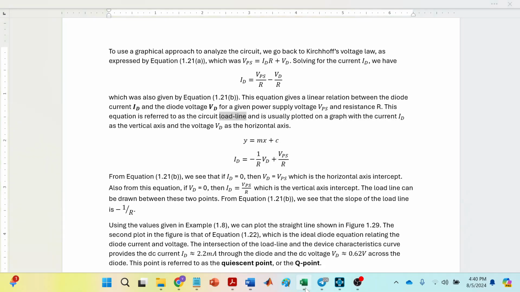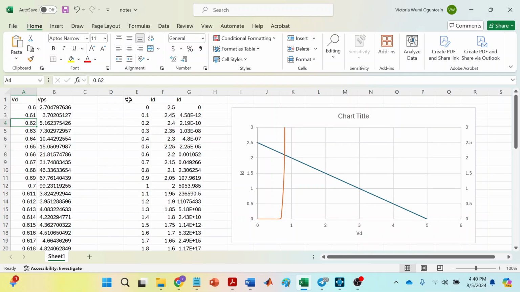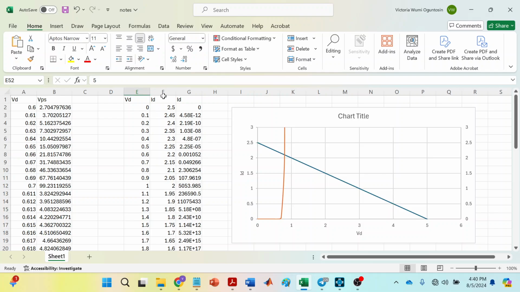So going back to Excel, I have VD. I'm sweeping the VD from 0 to 5 volts, which are manually typed. Then the ID is simply given by the load line.